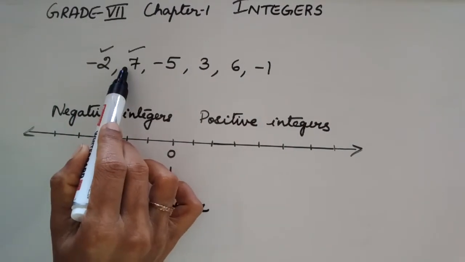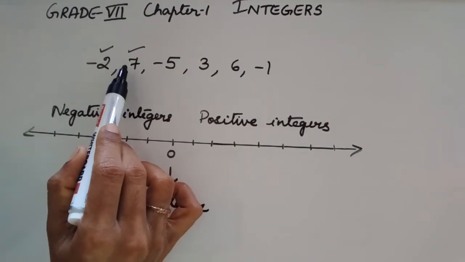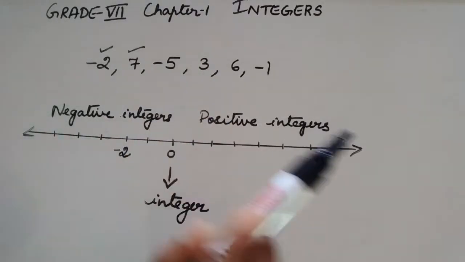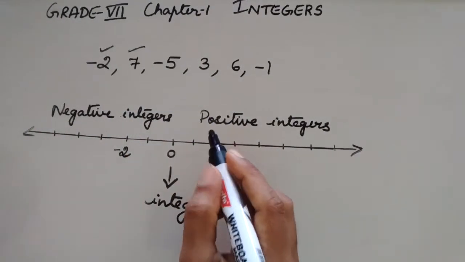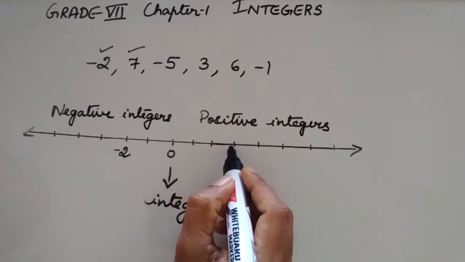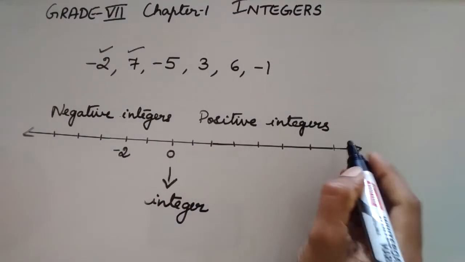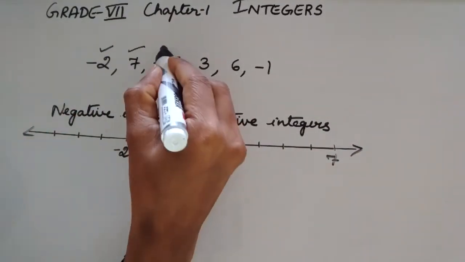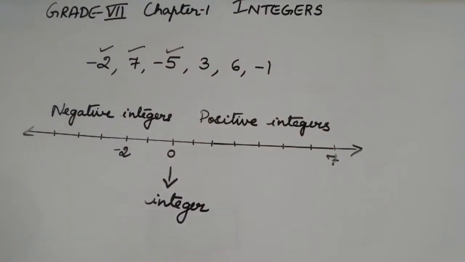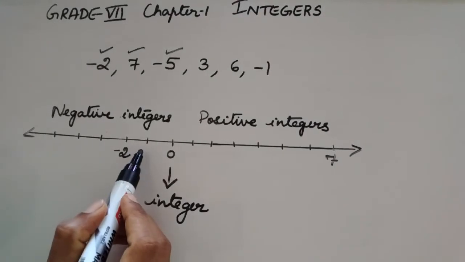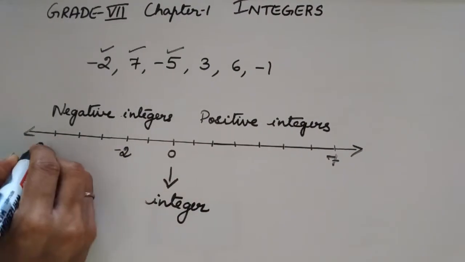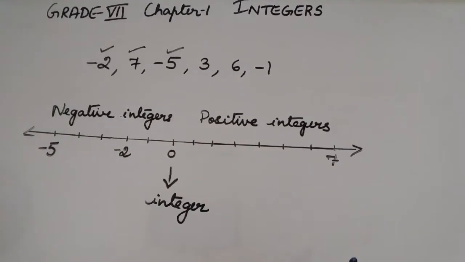Next, we have 7. So, is this positive or negative? It is positive. +7 and simply 7 is a positive integer. So, we have 1, 2, 3, 4, 5, 6, 7. Next, we have -5. Again, it is a negative integer. So, -1, -2, -3, -4, -5.